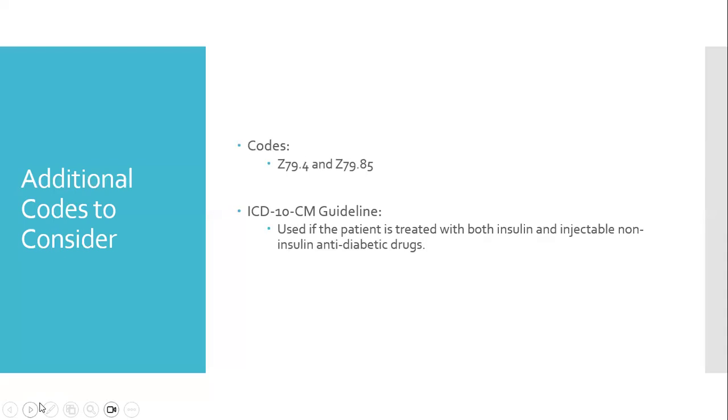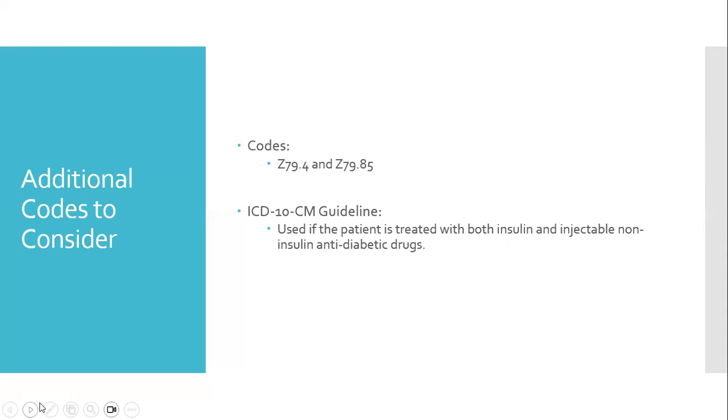So you also have some situations where a patient is on both an insulin drug and a non-insulin based drug for anti-diabetic drug treatment. Basically, if they document both, you can bill both.